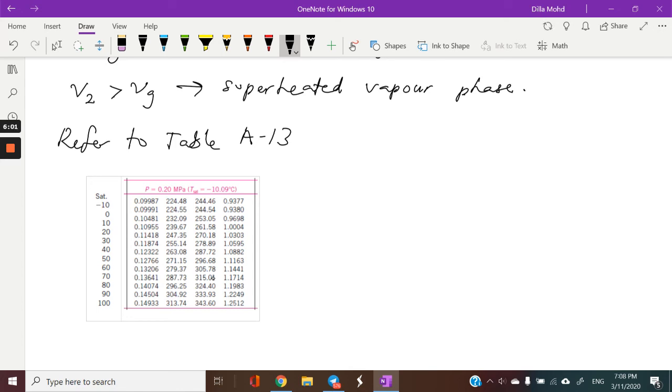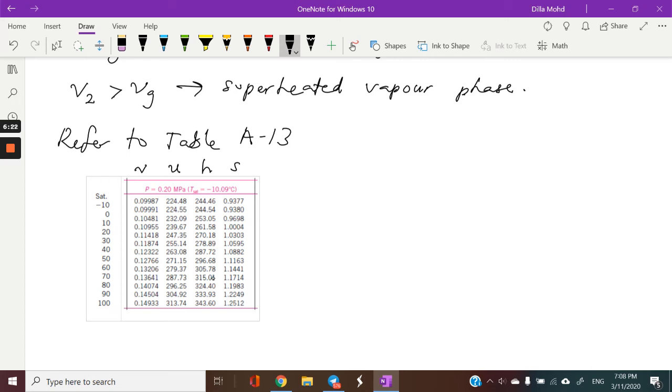Since your pressure at state 2 is 200 kilopascal, I go to P equals 0.2 MPa. Here is our specific volume, this is our internal energy, this is our enthalpy, and this is our entropy.